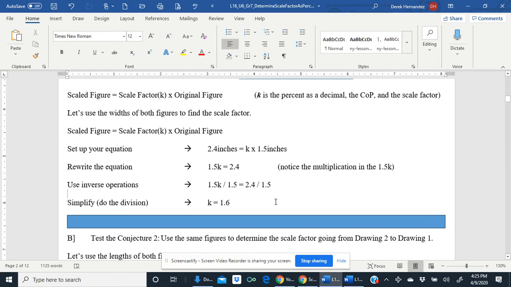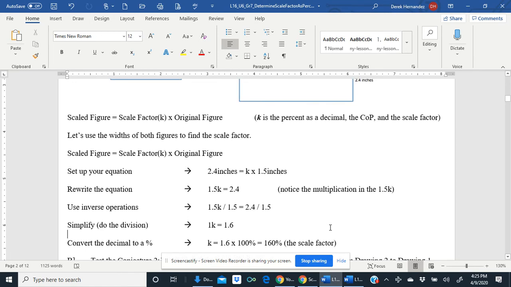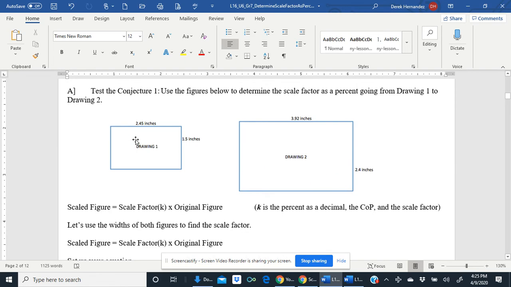Simplify, do the division. 1.5 divided by 1.5 is 1, and 2.4 divided by 1.5 is 1.6. Finally, convert the decimal to a percent. So k equals 1.6, multiply it by 100%, you get 160%. That is the scale factor that was applied to the little figure to get to the big figure.